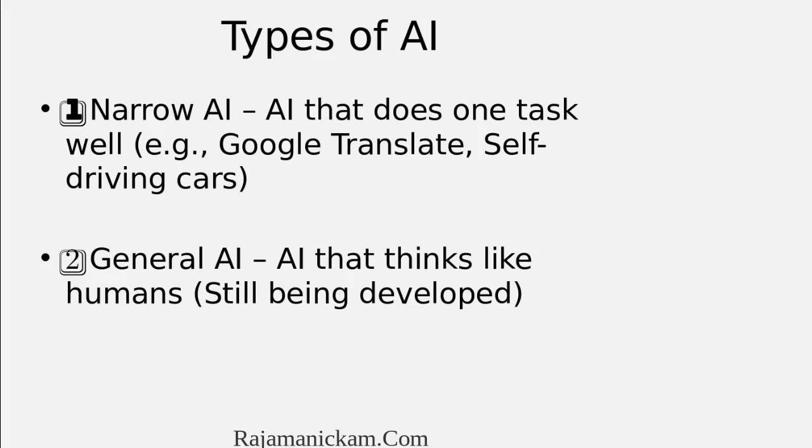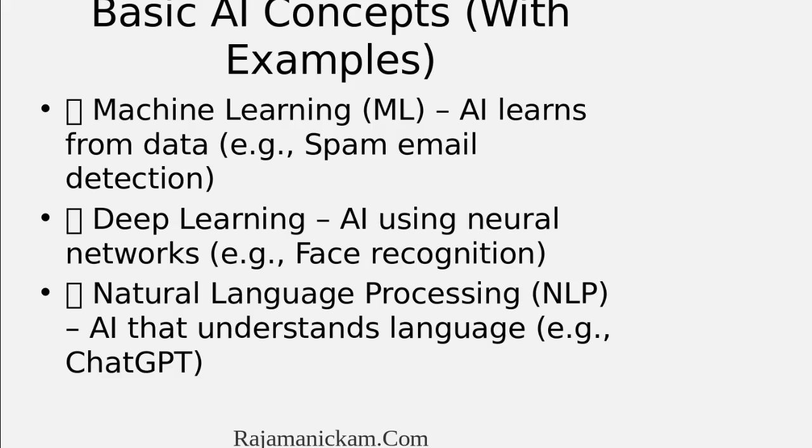But as of now, narrow AI is very much practical, and generally AGI is in development. That is what we can say. So mostly whatever almost everyone is talking about is related to narrow AI, except some researchers who are involved with AGI.